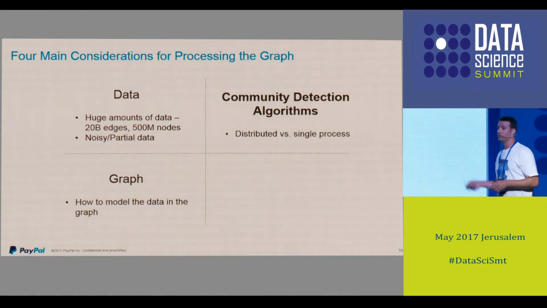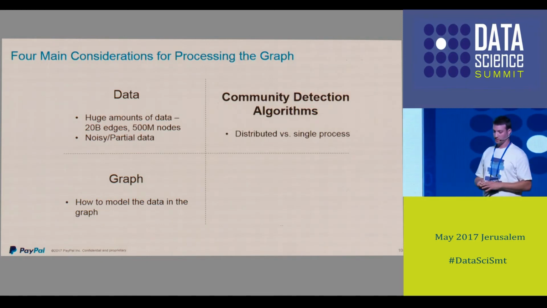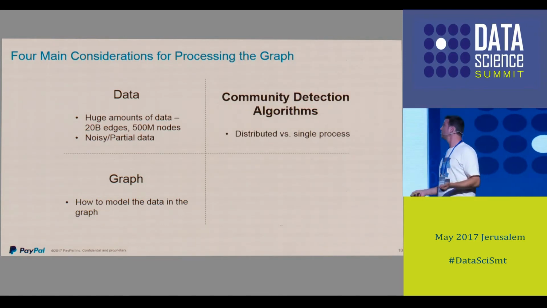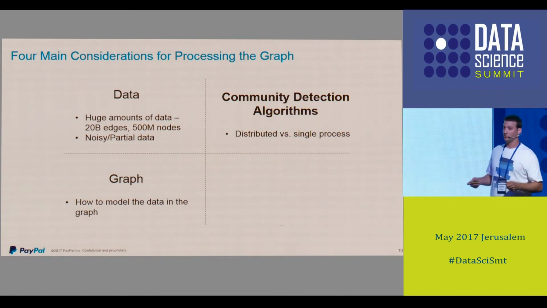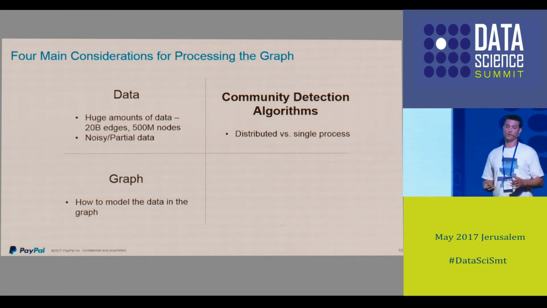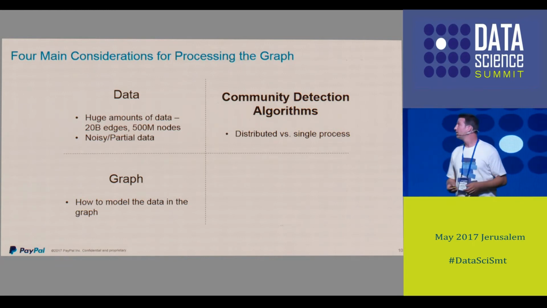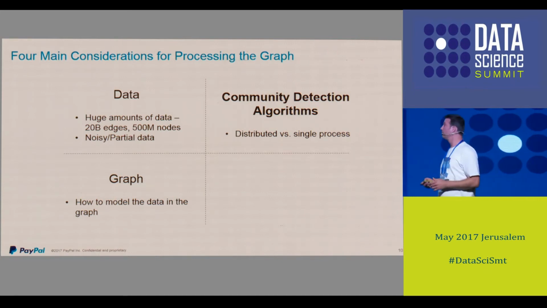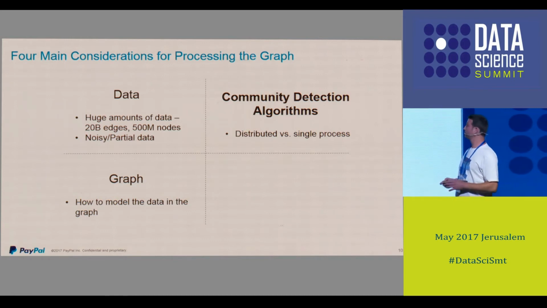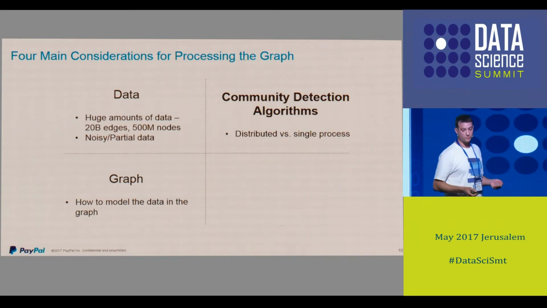Next, the community detection algorithms themselves. Because of the amounts of data we have, it was obvious to us that we have to use distributed algorithms. However, while for single process algorithms we have a wide variety of algorithms to choose from, only a few of them could be implemented in a distributed manner, and even fewer will be implemented in any technology that you choose.